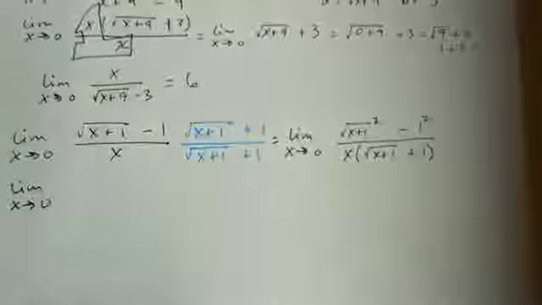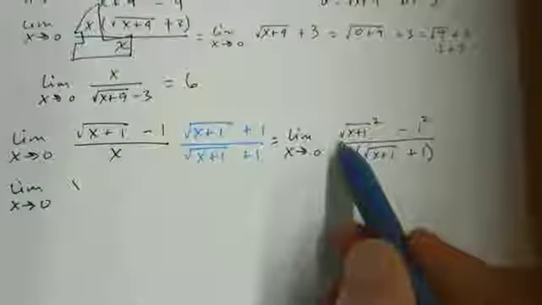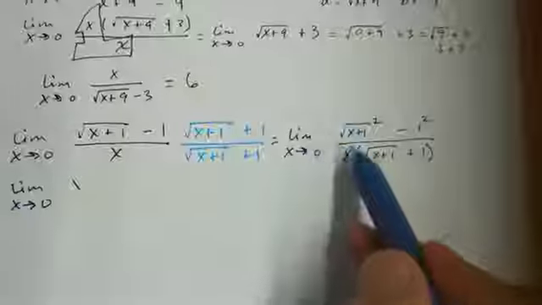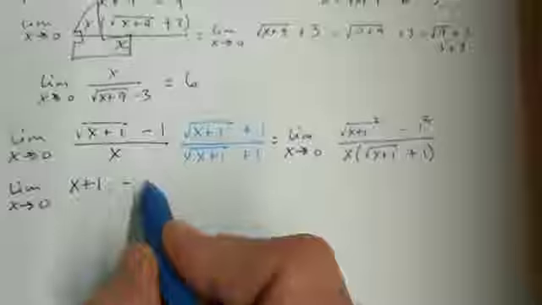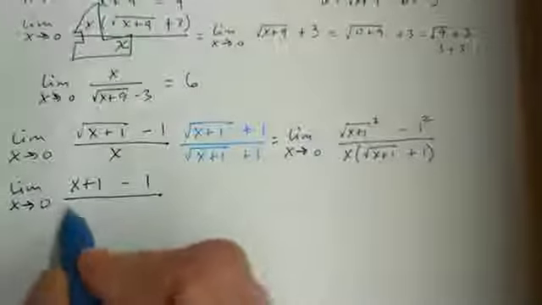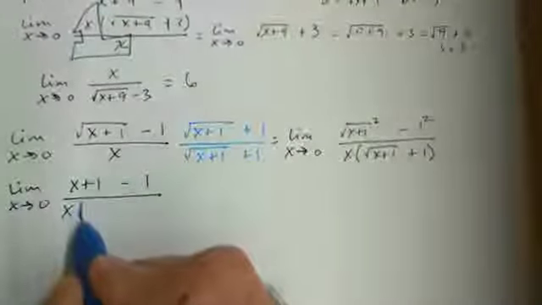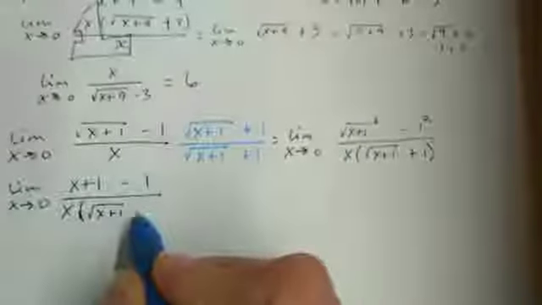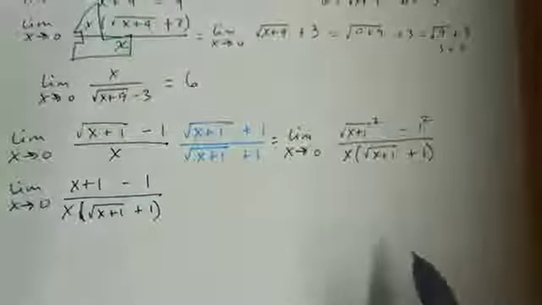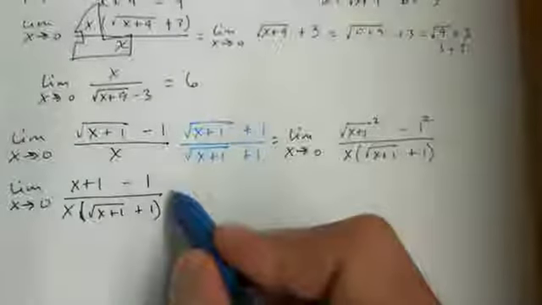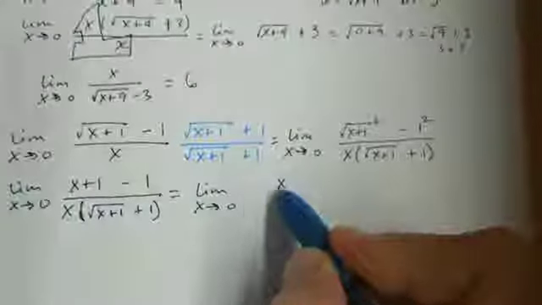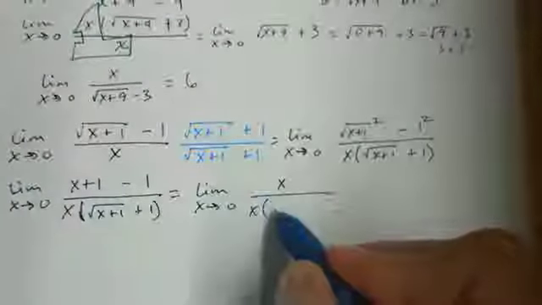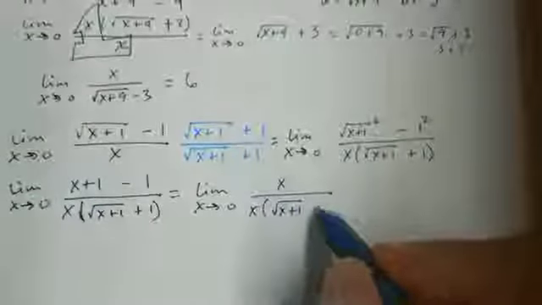So we have the limit as x approaches 0 of the square root of x plus 1 squared becomes x plus 1 minus 1 squared, which is 1, all divided by x times the square root of x plus 1 plus 1, which will equal the limit as x approaches 0 of x divided by x times the square root of x plus 1 plus 1.